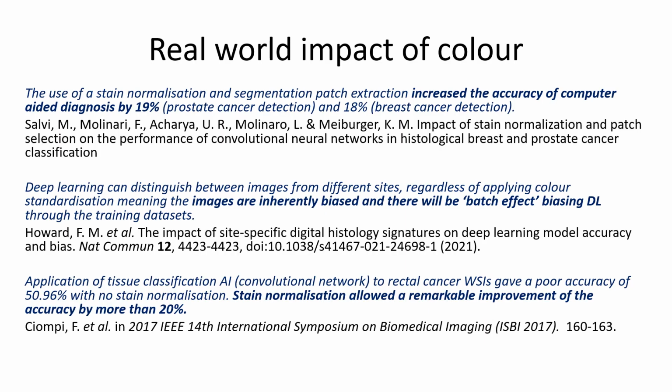And this has been reported more widely. The use of stain normalisation, segmentation, patch extraction increased the accuracy of computer-aided diagnosis by 19%. Stain normalisation allowed a remarkable improvement of the accuracy of more than 20%. So we can see here academics, researchers finding that stain variation impacts on algorithmic analysis of images and artificial intelligence.